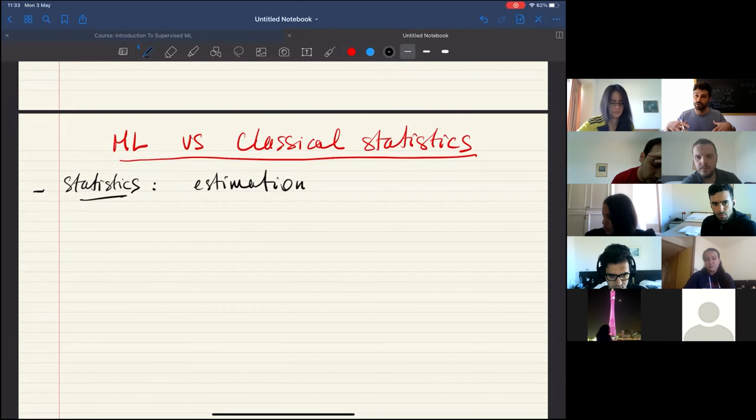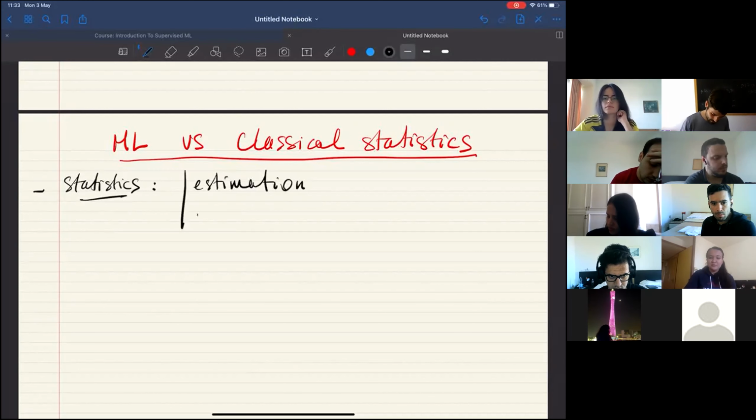For example, you have some process that generates data, and this process depends on some quantity that is unknown. You gather a lot of data and you want to estimate, to infer, this unknown quantity. This is also what we call inference.